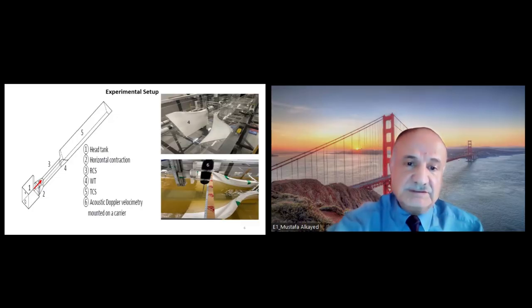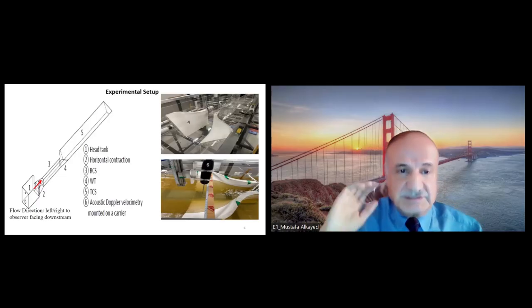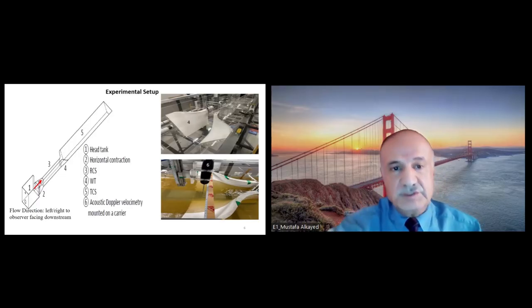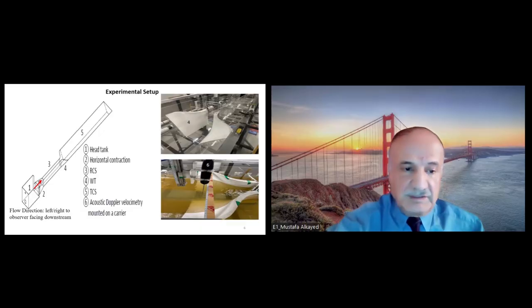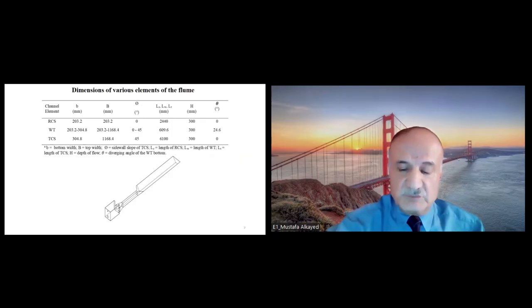I divided it into 12 cross sections. So the flow direction, we can see to the right, we are looking downstream from the warp transition. So these are the measurements of all flumes and tools we have in the system.